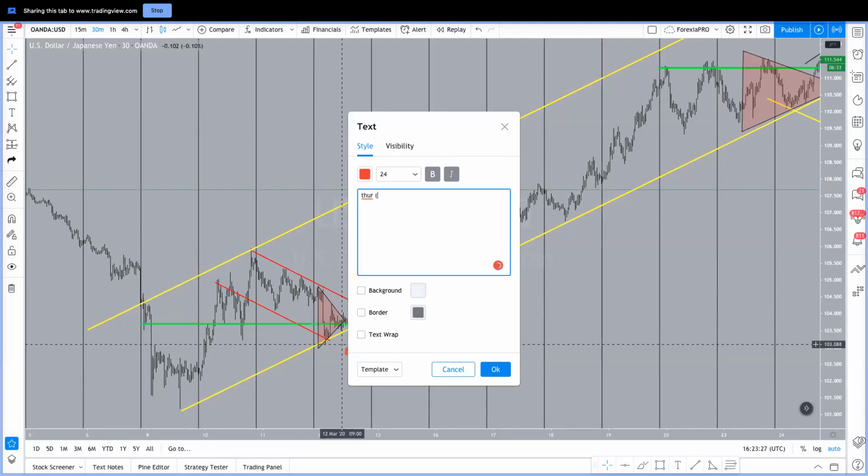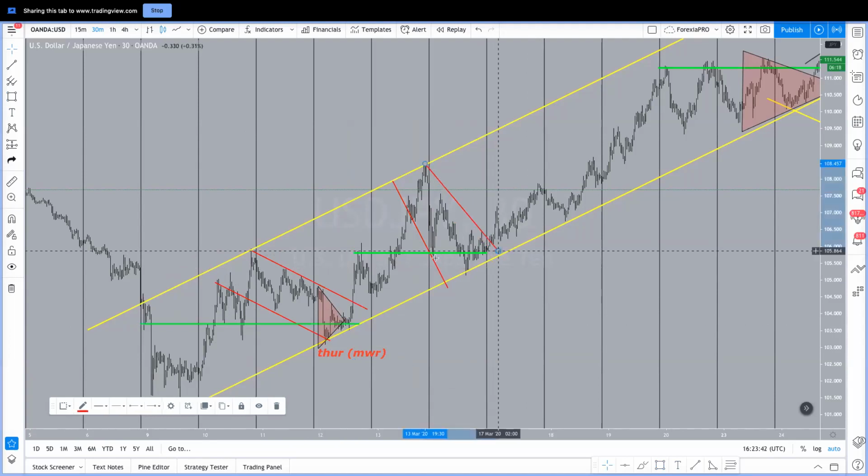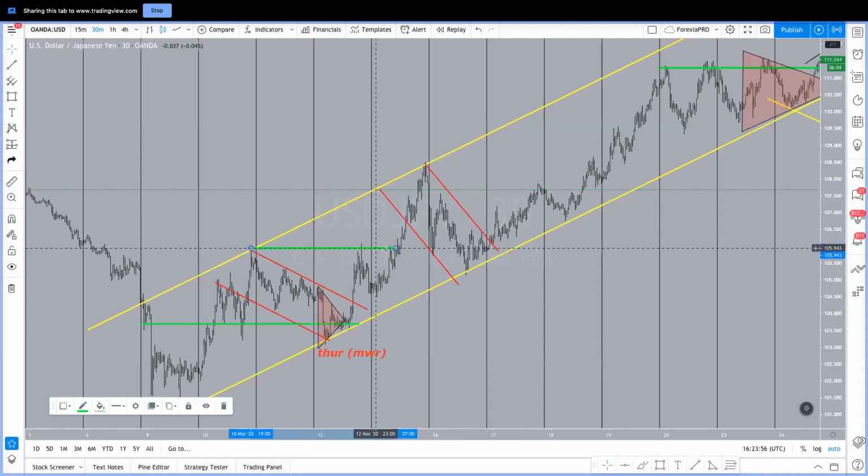Thursday, midweek reversal. And then we have Friday, Sunday, Monday. And if you actually draw it like this, then you can take this trade as a Tuesday reversal too. Trap goes on and on. Yeah, that actually looks even better to trap people.